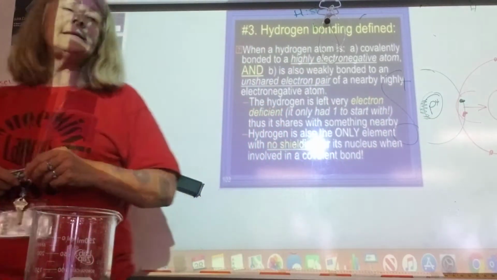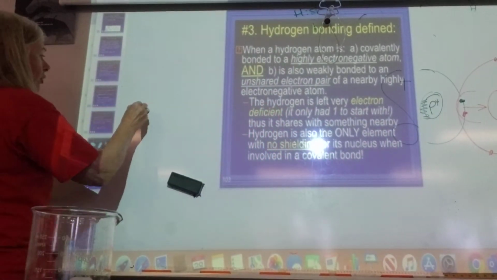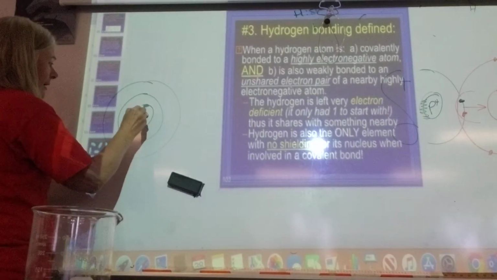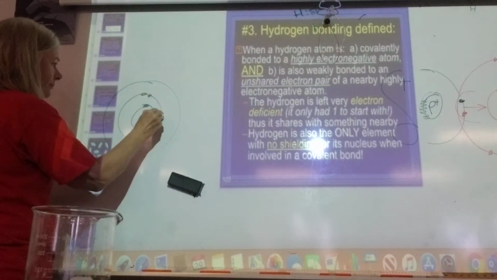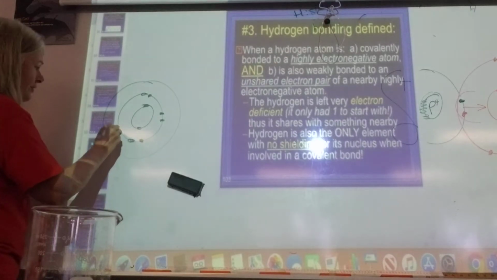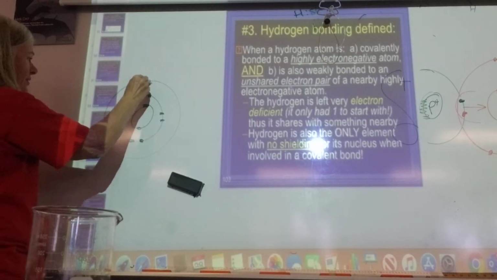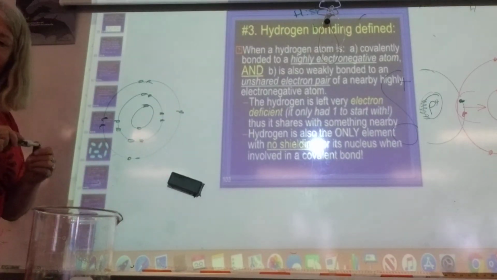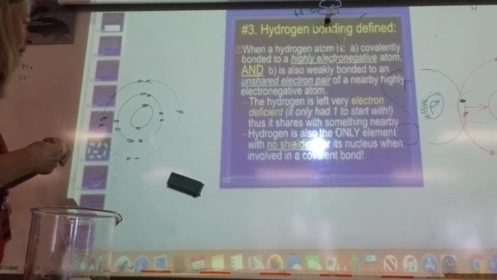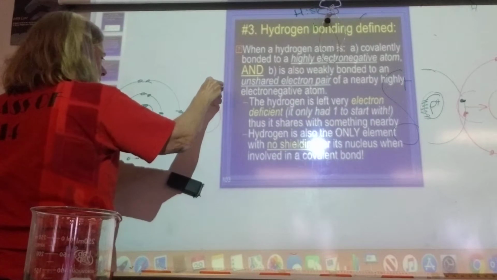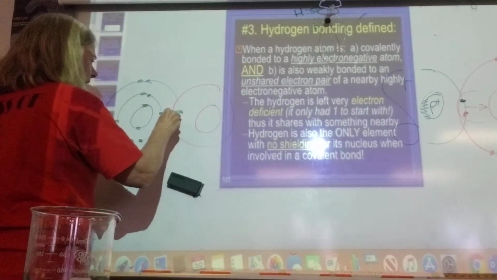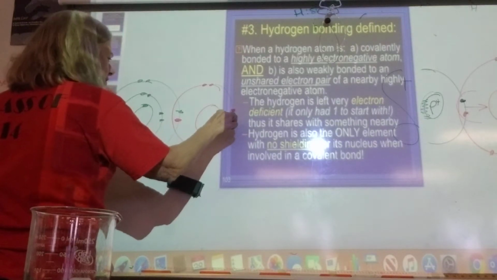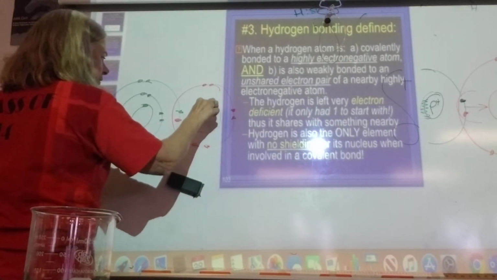Let's take a look at a similar diagram that we could write for chlorine, which has 7 electrons in its valence shell, and fluorine, which also has 7 electrons in its valence shell, and 2 here.